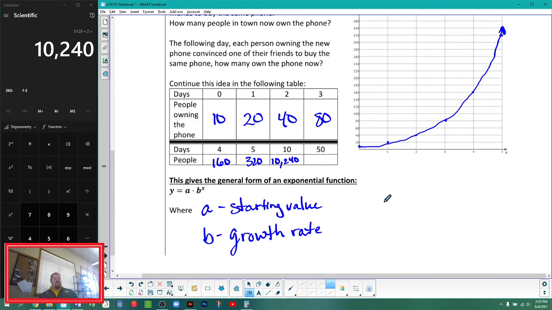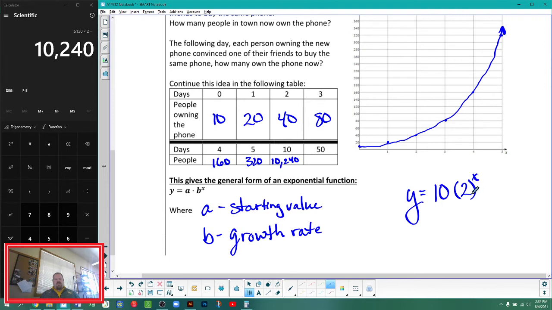Now, there are specific requirements for a and b. But if I think about this equation in this setup, y, the number of people that own the phone after x number of days, had a starting value of 10, and the growth rate was that it doubled. So that's going to be 2 to the x power.